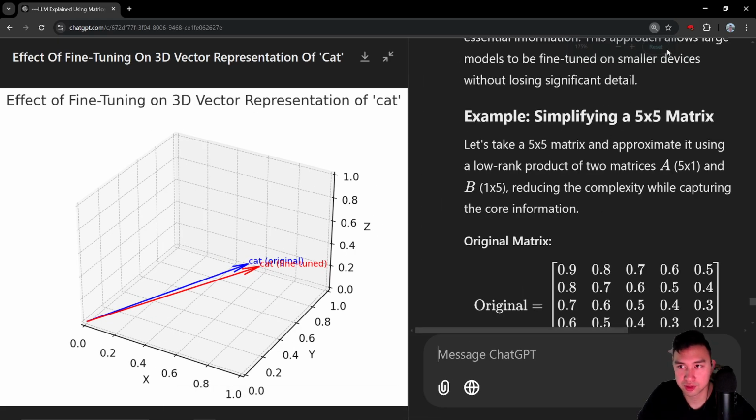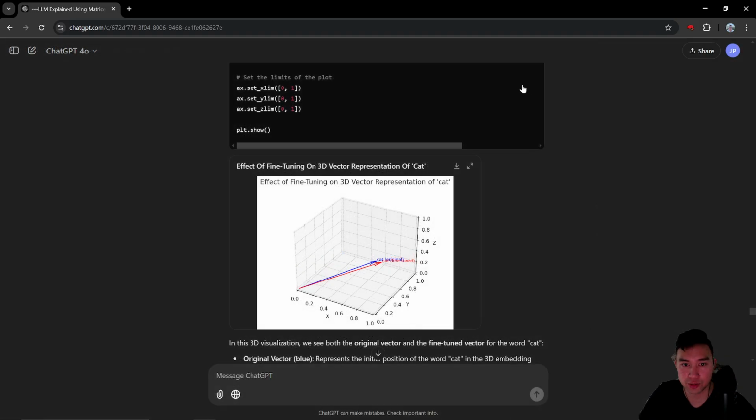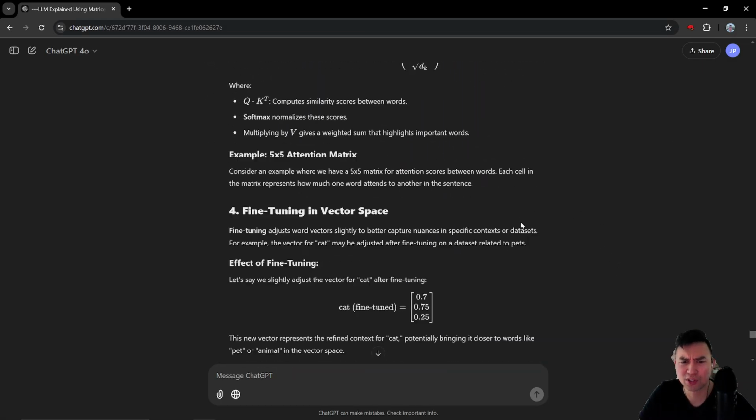Yeah, it's not great. Reset maybe. Okay. So you can see the blue is the original cat. After the cat is fine-tuned, where it sits within the vector space gets adjusted slightly. And that's what fine-tuning does. But that's just a visualization.